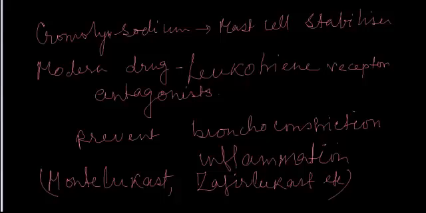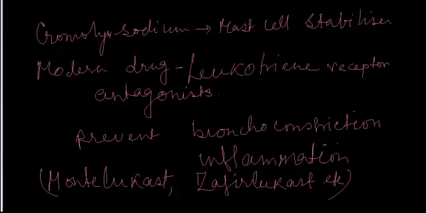So we know for asthma, the number of drugs is too many, because the process of asthma is related to immunomodulation, inflammation, and bronchoconstriction.